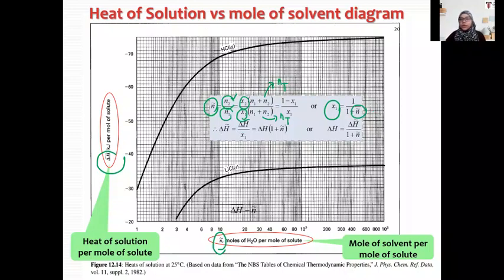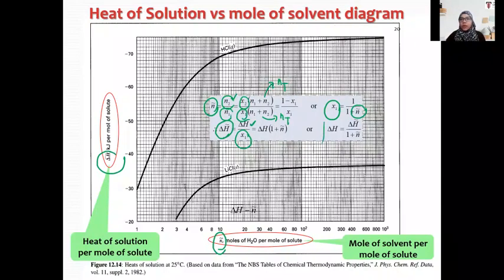And then to relate it with the heat of solution, we know that heat of solution is equal to the heat of mixing over its composition, or we can replace it with the mole of the solute.